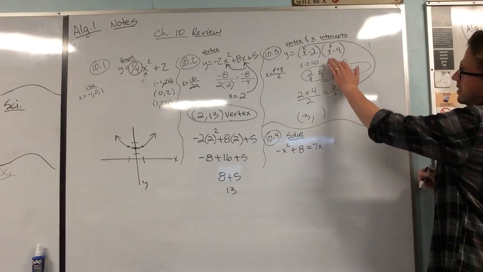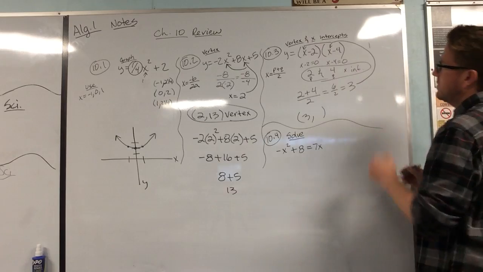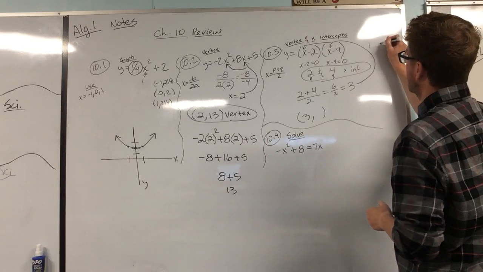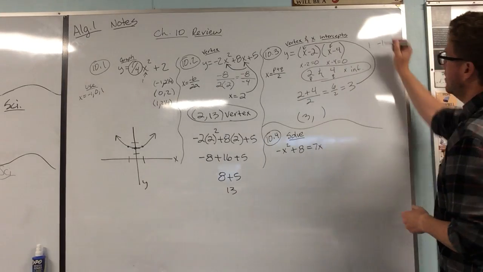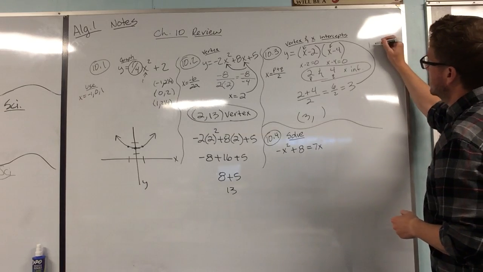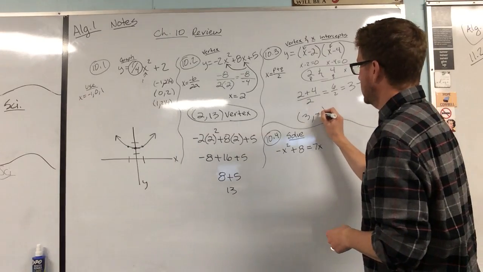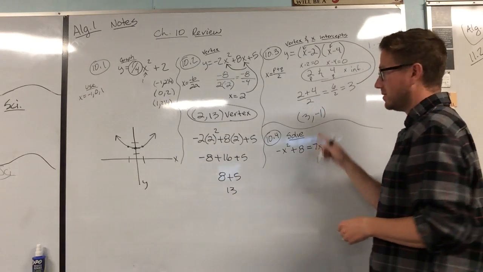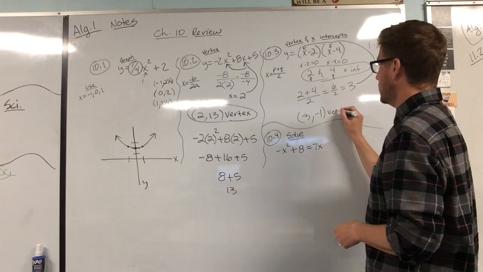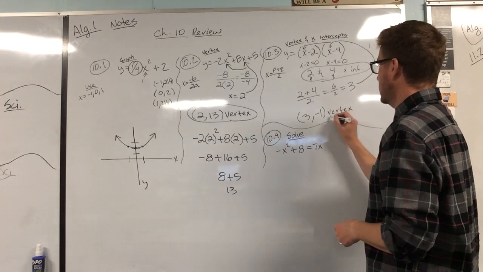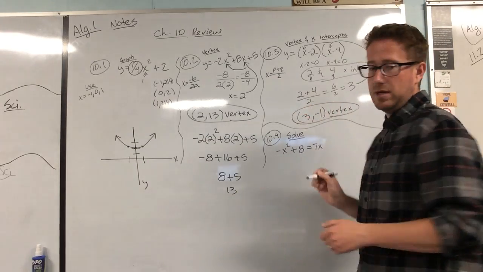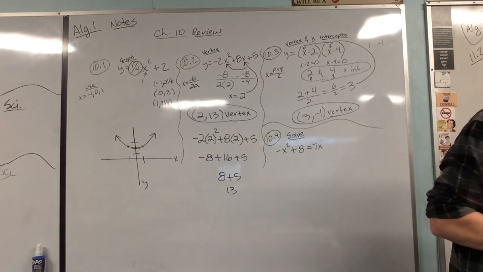And then over here we're going to have a 3 minus 4, which is a negative 1. And then we're going to multiply them together, and that's going to give us a negative 1. Okay, so there's our y value, and when we put those together, that is what creates our vertex.